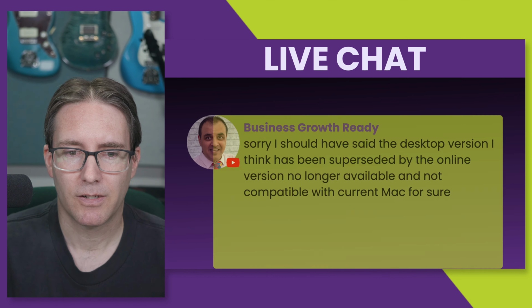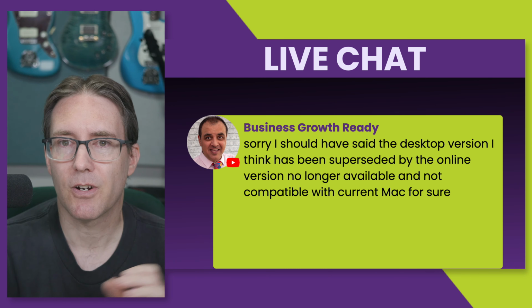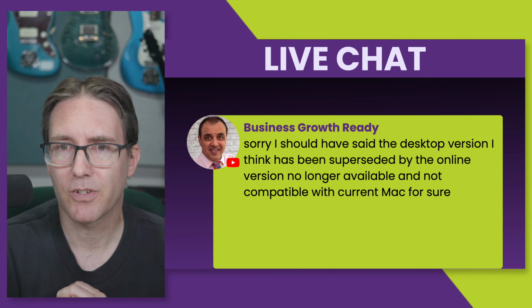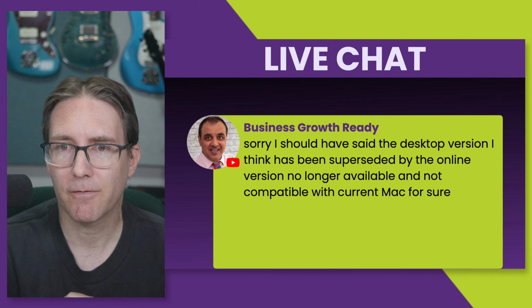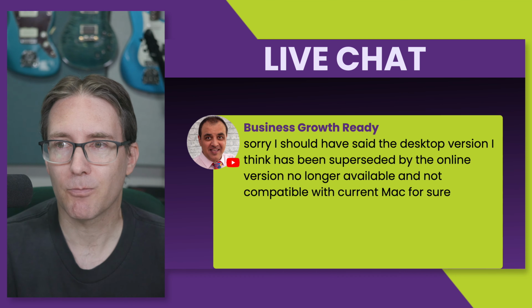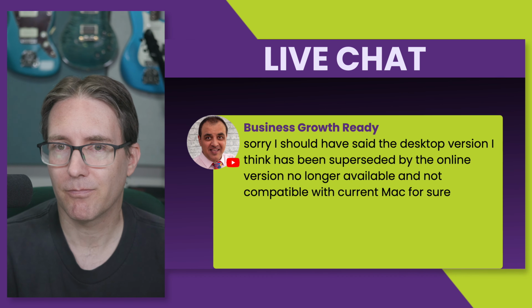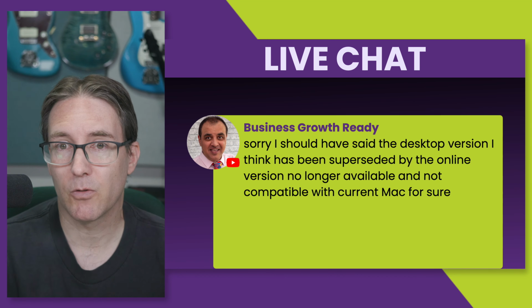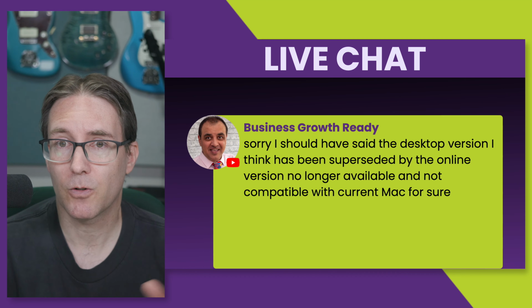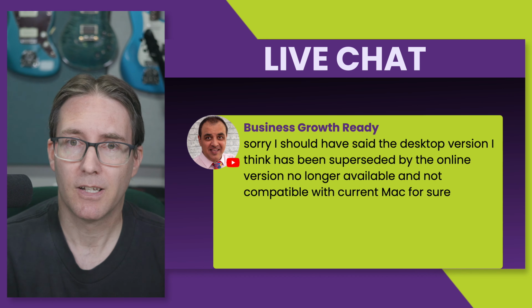Okay, a follow-up. Sorry, I should have said the desktop version, I think, has been superseded by the online version, no longer available, not compatible with current Mac for sure. So that would explain things. Yeah, I used the online version, and I don't know if it's the same algorithms that were available in the desktop.